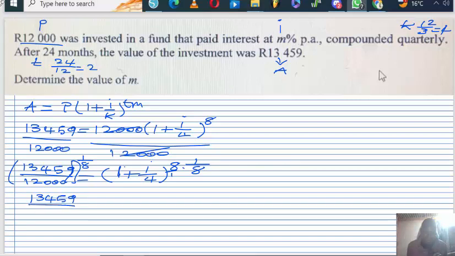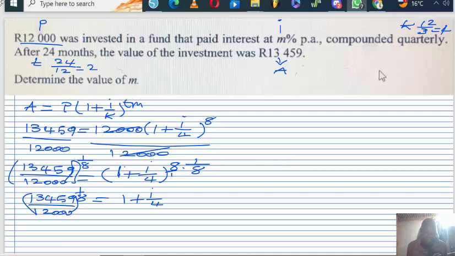So once you are at this point, you do know that you need to rewrite this part. 13,459 divided by 12,000. We are already over 4 minutes, which is worrying. So this question should be done with a bit of pace because it's only 4 marks. So now we'll be left with 1 plus I over 4. And we need to transpose the 1 to the other side.